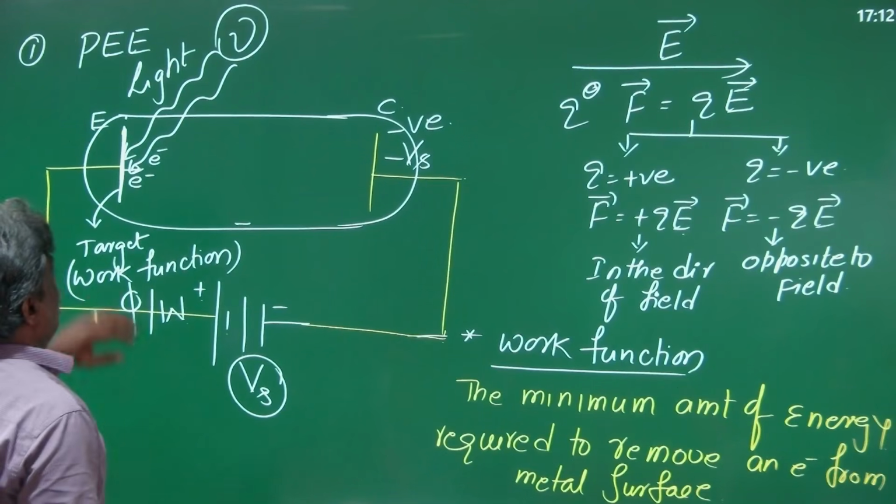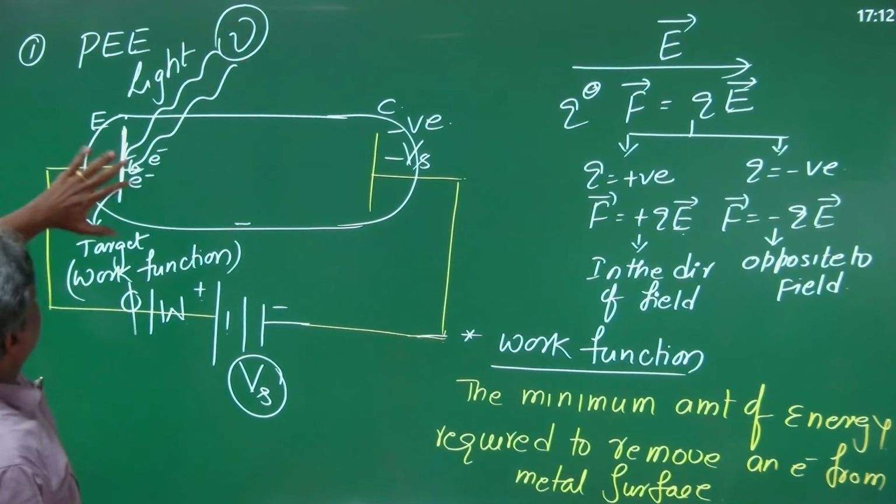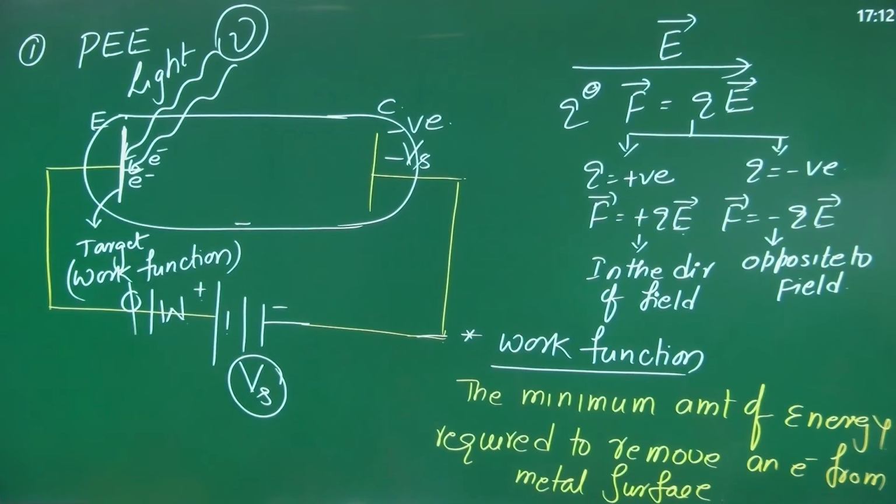So once you send the light, electrons won't come immediately. We need to supply some minimum amount of energy. That minimum amount of energy is nothing but work function.